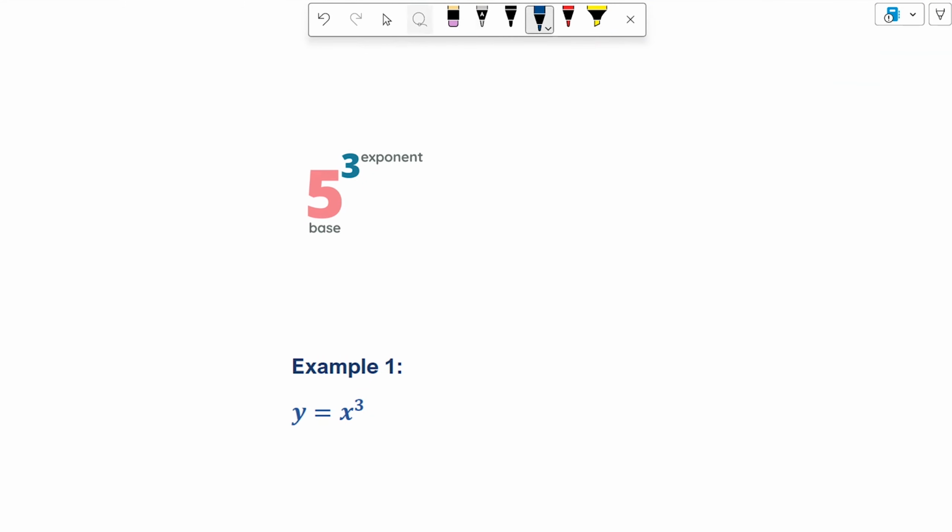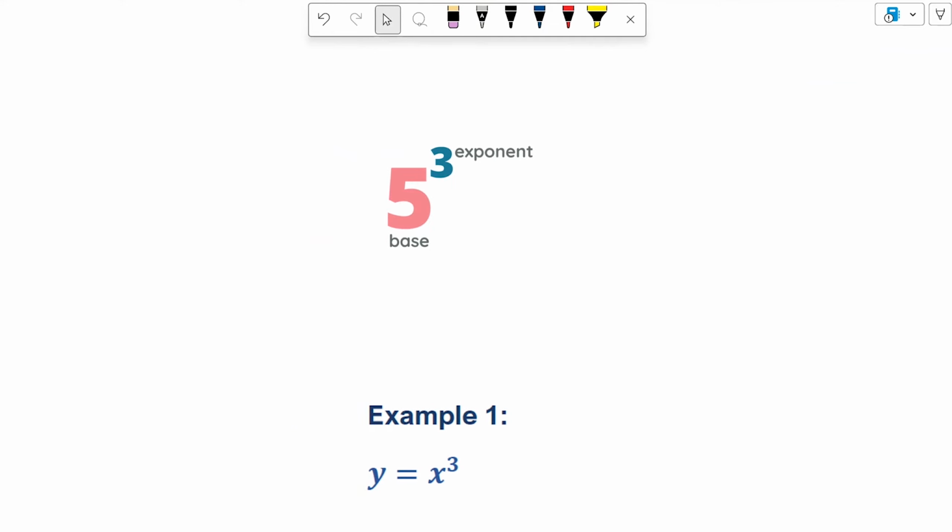Okay, so let's dive into the explanation of differentiation. The very basis, the fundamental to understanding how differentiation works, is understanding what is a base and an exponent. Basically, if you have 5 raised to the power of 3, 5 is the base and 3, which is the power, is called the exponent.